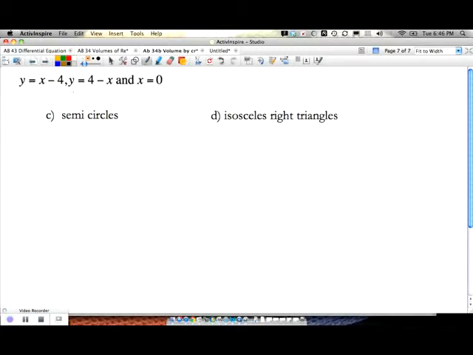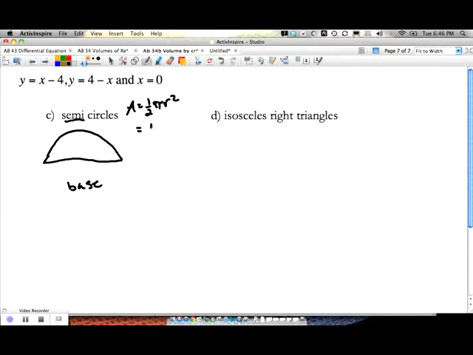But anyways, we're looking at these last two shapes, semicircles and isosceles right triangles. So first, semicircles. If we're looking at a semicircle where this is the base, then that represents the diameter. The area of a semicircle is 1/2 pi r squared. It's half because it's semi, it's only half of it.